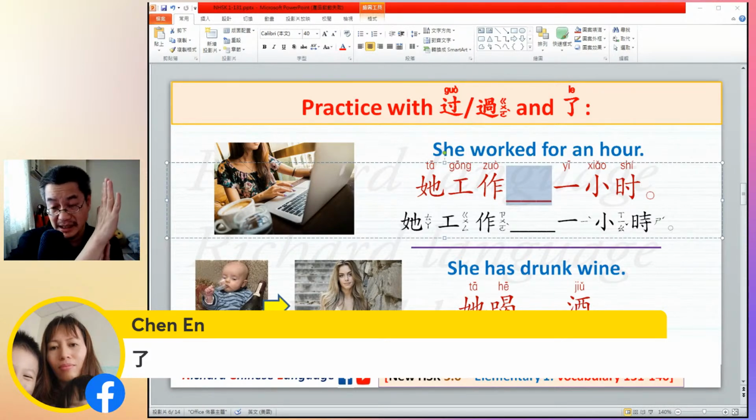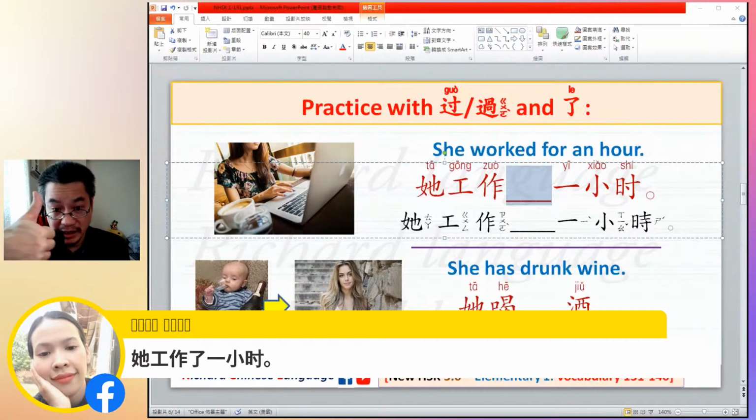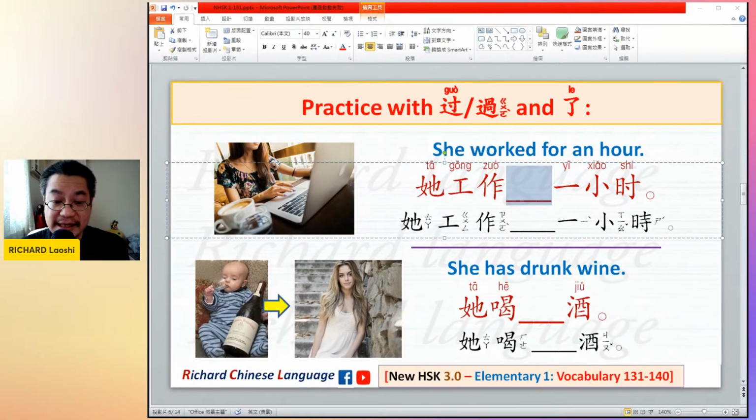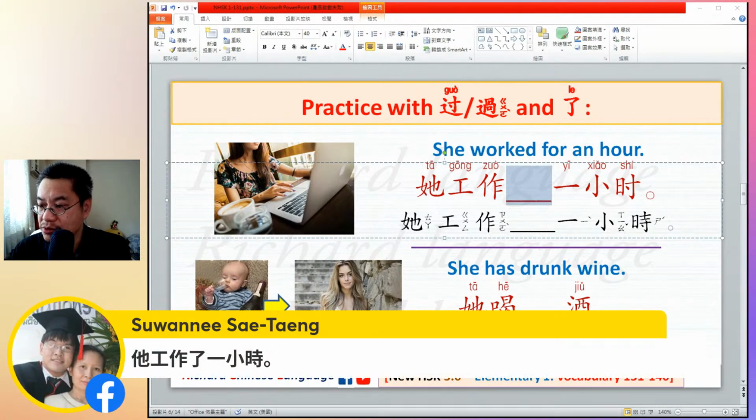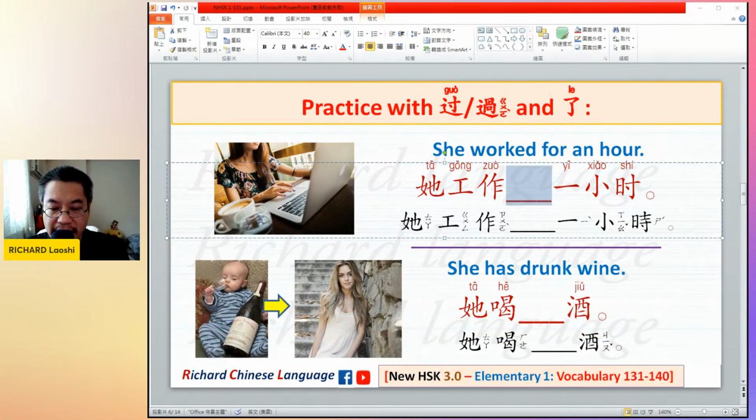You're talking about she started to work and she keeps working, and even now. So the situation still remains. Okay, very good. 她工作了1小时. So, what if I want to talk about my previous situation? Then let's see the second example.